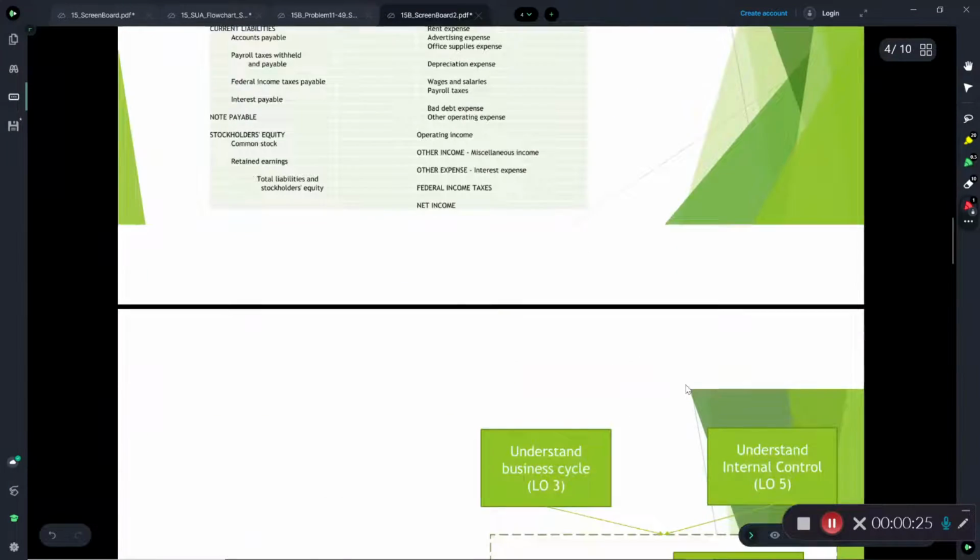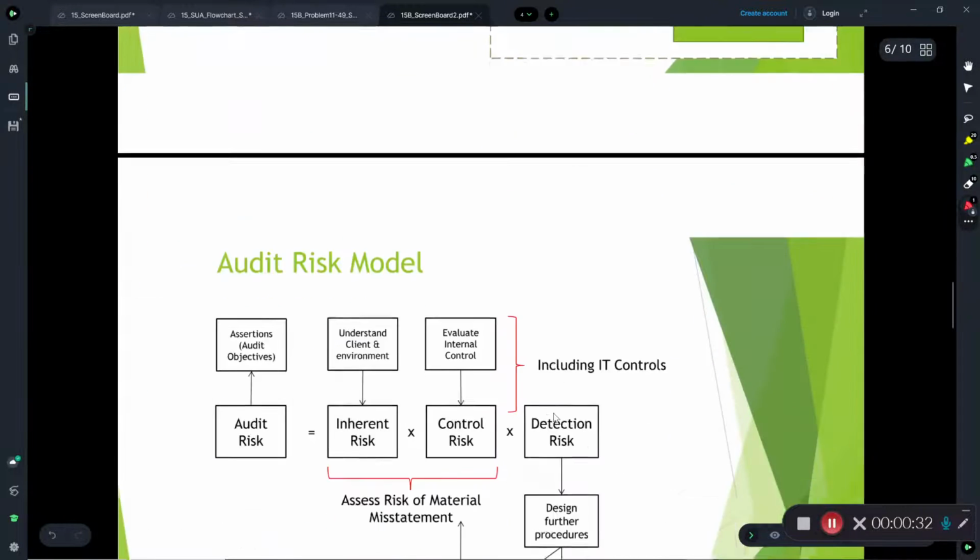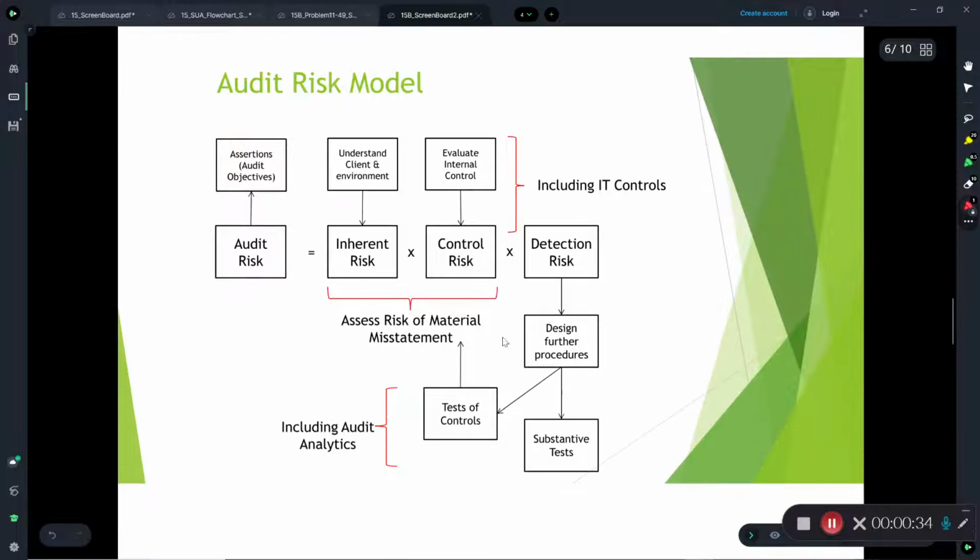As we continue moving, just a little reminder about how the chapters are set up. I'm not going to go over that again today since I went over it the last class. And also a reminder how we're using the audit risk model basically to drive how we decide what kind of tests we're going to do, ultimately based on the audit risk we set initially, understanding the client and the environment to set our inherent risk, understanding the control risk.